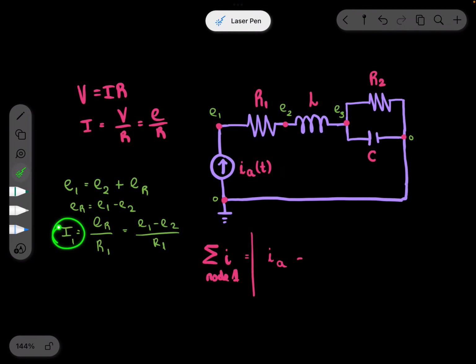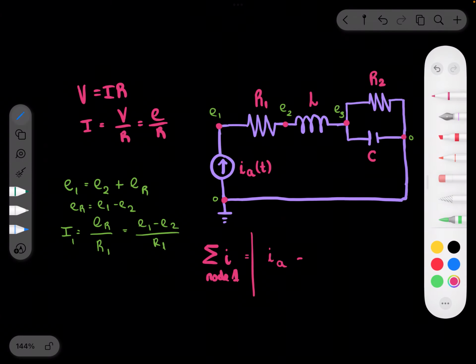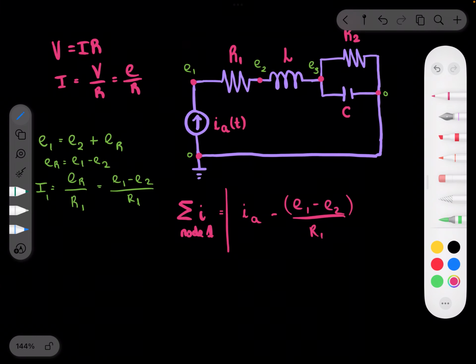So that would be this current. From the source, IA, you subtract the current here. So minus IA, you have minus E1 minus E2 over R1.